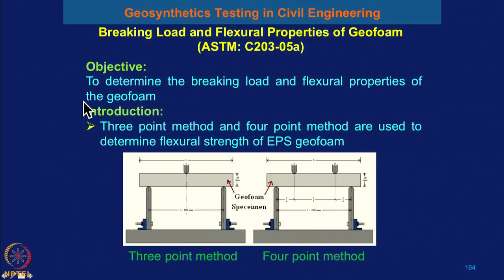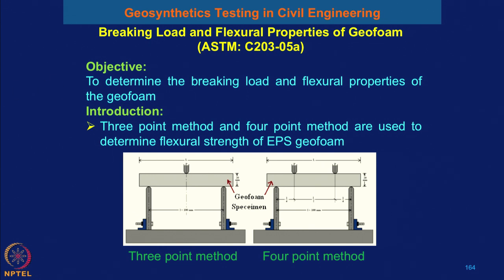So, to calculate the flexural properties of the geofoam material, here is the main objective: to determine the breaking load and flexural properties of geofoam. The 3-point method and the 4-point method are used to determine the flexural strength of the EPS geofoam material.